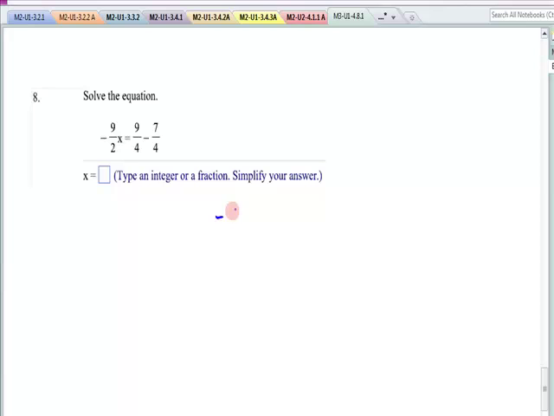Look at number 9. Negative 9 over 2x is equal to 9 over 4 minus 7 over 4. Now I'm going to take a little shortcut. You might want to do this sometimes. It's just a shortcut in writing, not in logic. Look at your denominators. The LCD is 4.